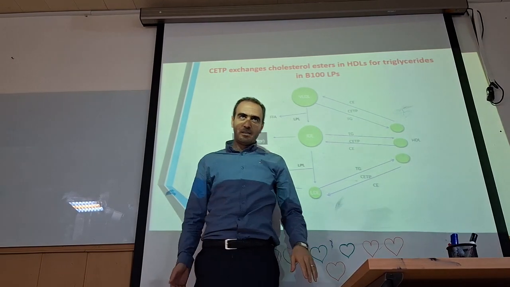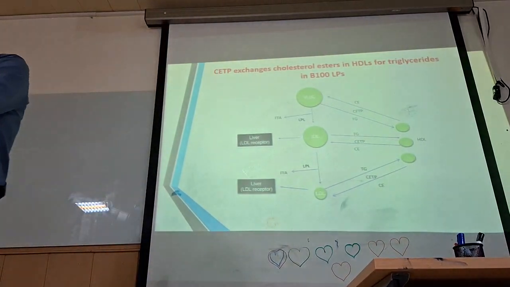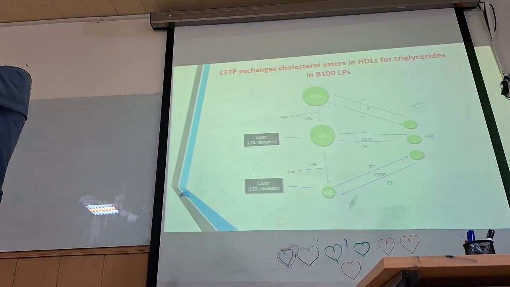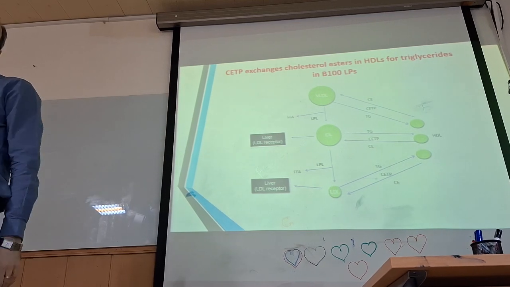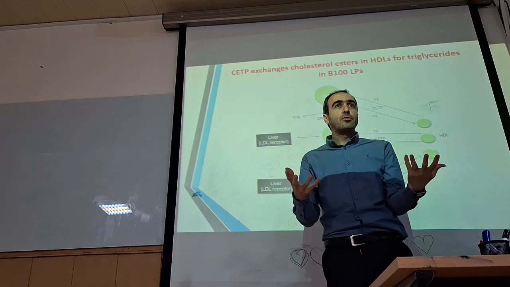So by this action, cholesterol is transported to the liver, and HDL remains active and can do a lot of this reverse cholesterol transport. It's amazing when you find out the action.